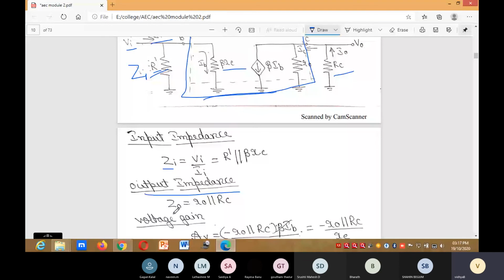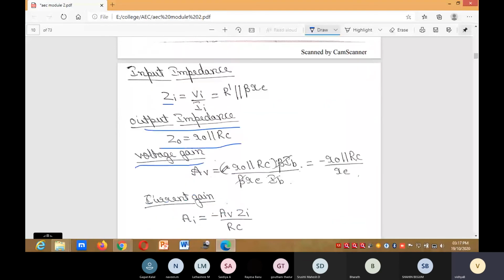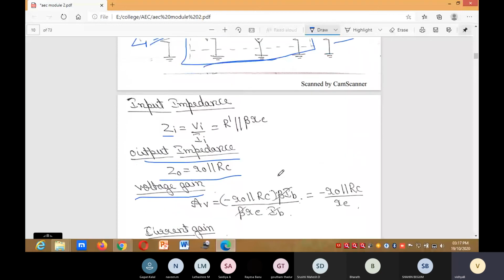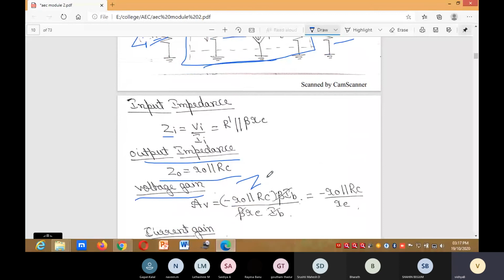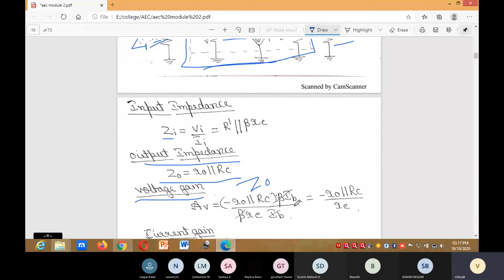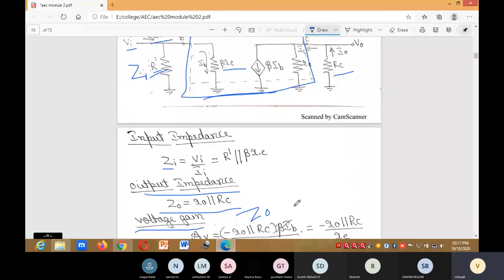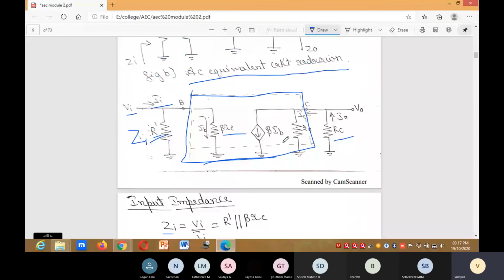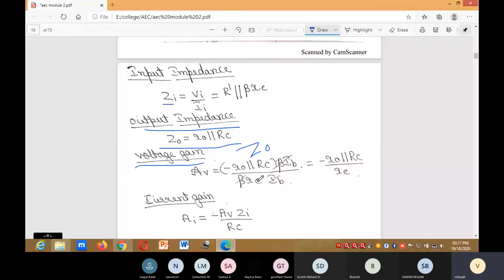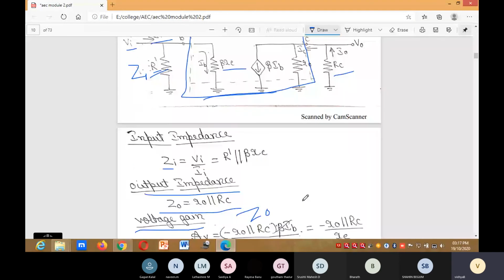Next, voltage gain. Voltage gain AV is equal to minus (R naught parallel RC), this is the Z0 value, into beta IB, divided by beta RE into IB. AV, voltage gain, is equal to what?